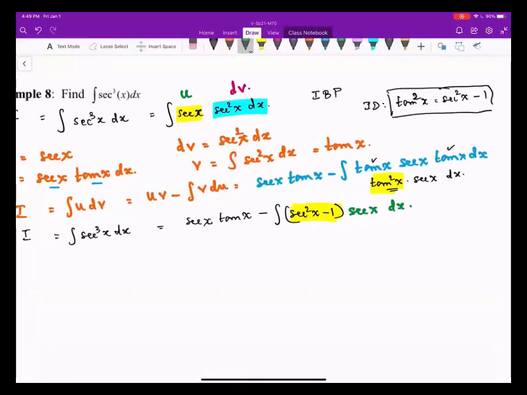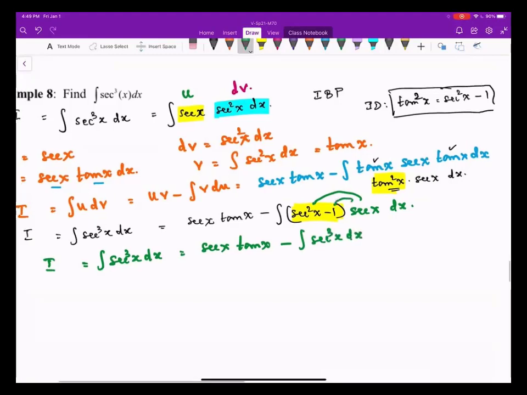So I, which is the integral of secant cube x dx, equals secant x tan x minus, if you distribute, secant cube, and you have a minus sign outside. Then minus secant, but there is a minus sign outside, so it is the integral of secant x dx.